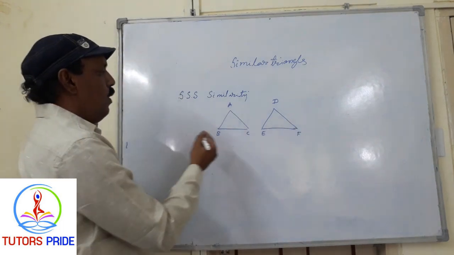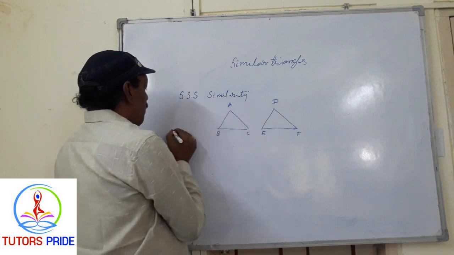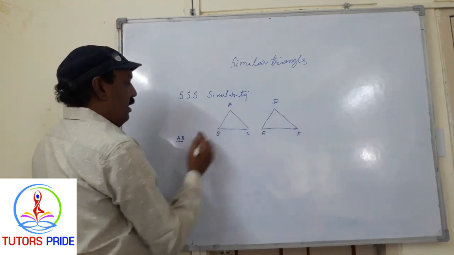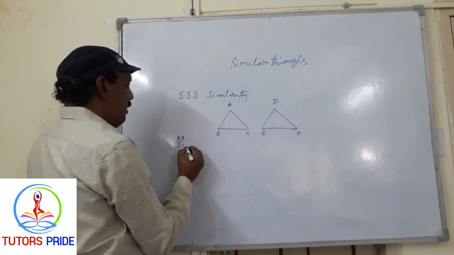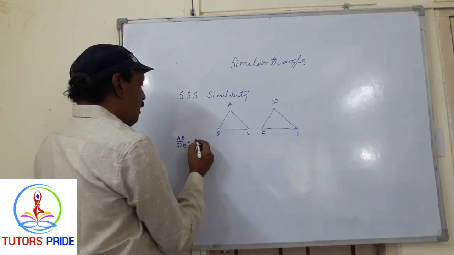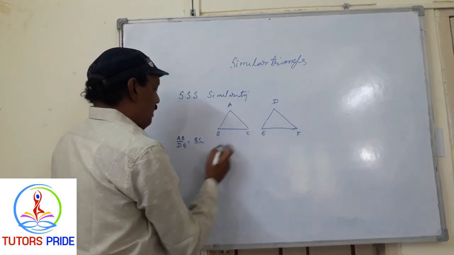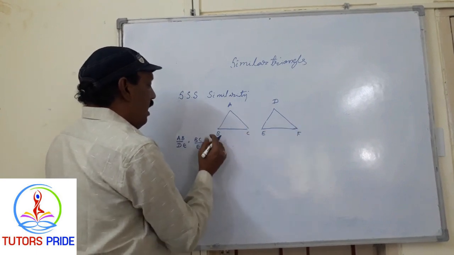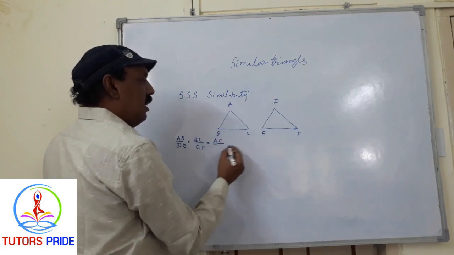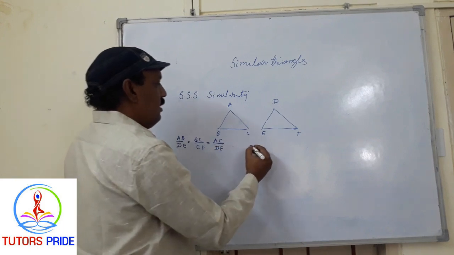In this case, side AB is the corresponding side of DE, side BC is the corresponding side for EF, and side AC is the corresponding side for DF.